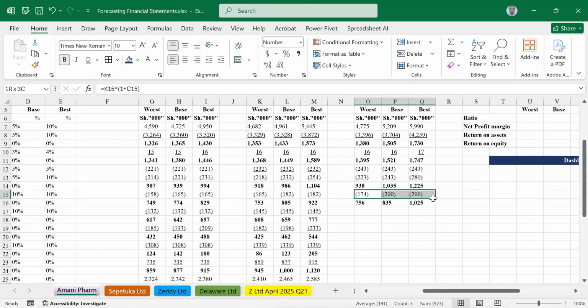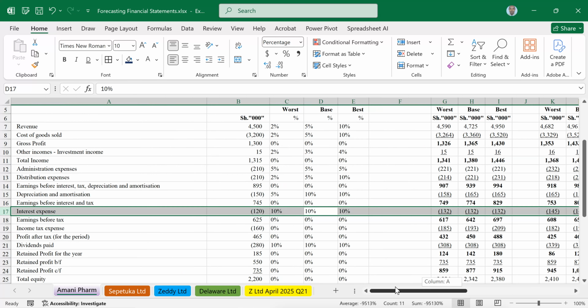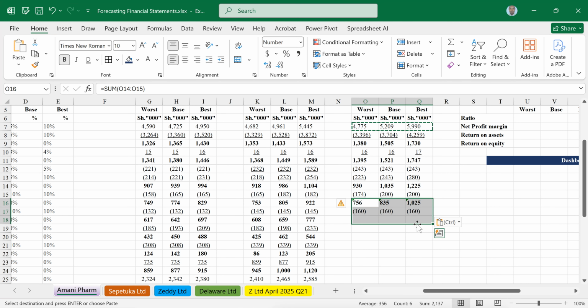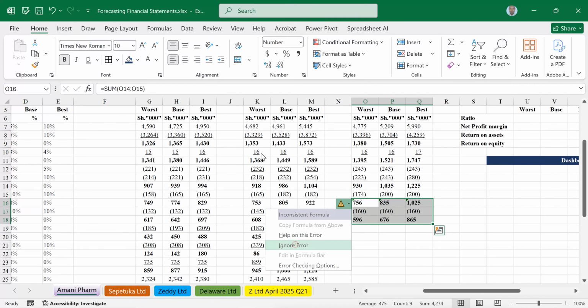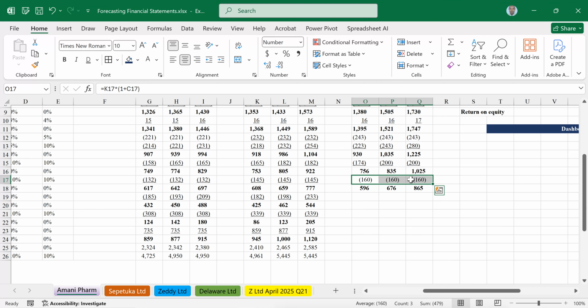This one should be underlined. Now what follows? What follows is interest. The same formula as above can just be pasted. Copy, then paste here, and Alt equal. It's not well centered.